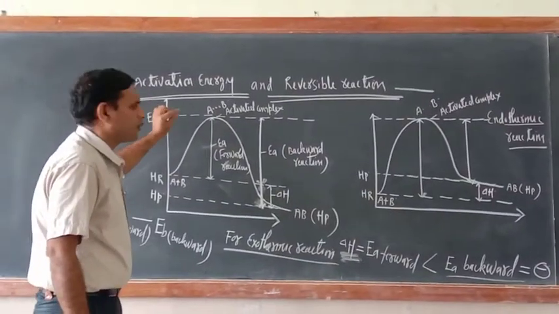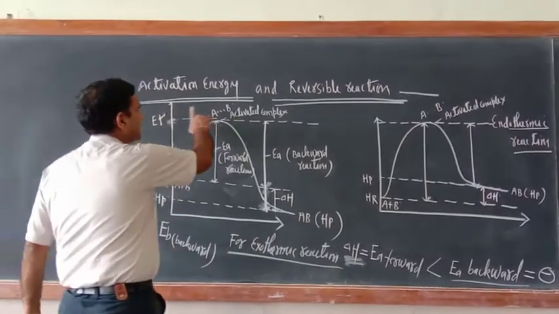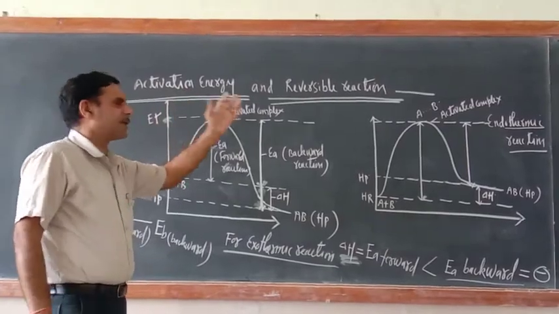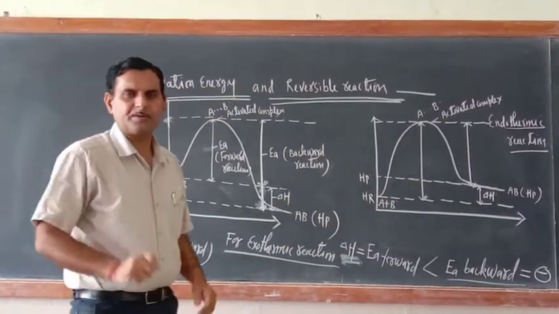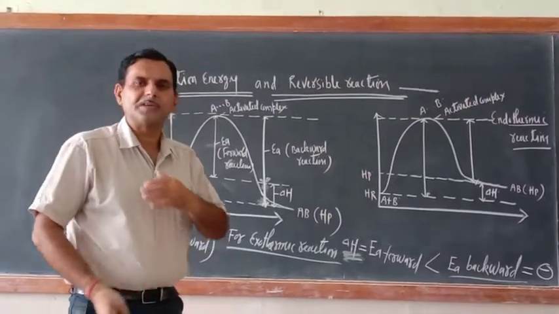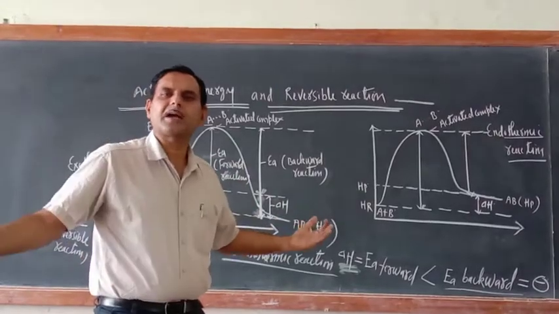Dear cadet, now one more topic is there which is related with this chapter, that is activation energy and reversible reaction. What is a reversible reaction? Reversible reactions are those reactions which are carried out in both directions, forward direction and backward direction.